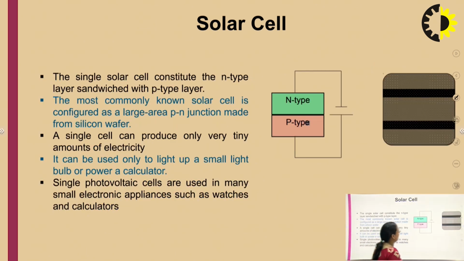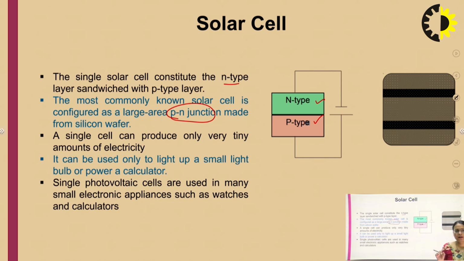Now we will talk about the single solar cell and how it is made. Basically it constitutes two layers, N type and P type. The most common solar cell is configured as a large area PN junction made from a silicon wafer.